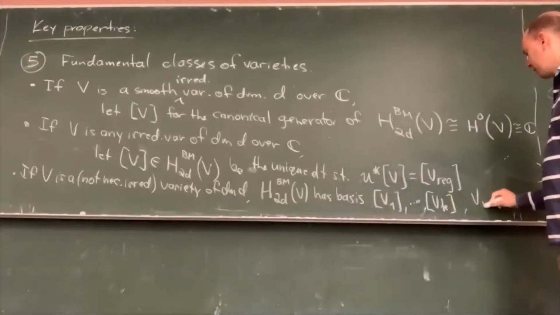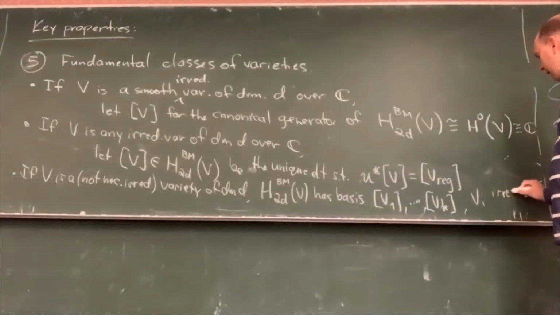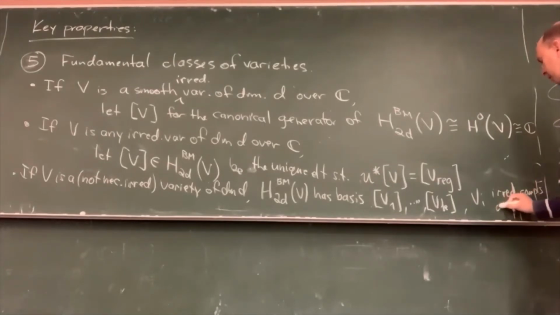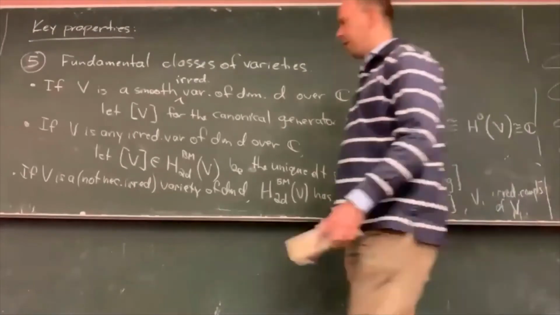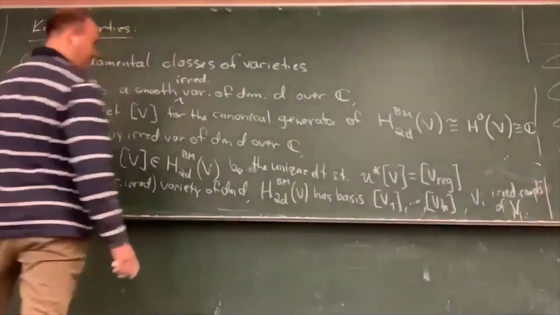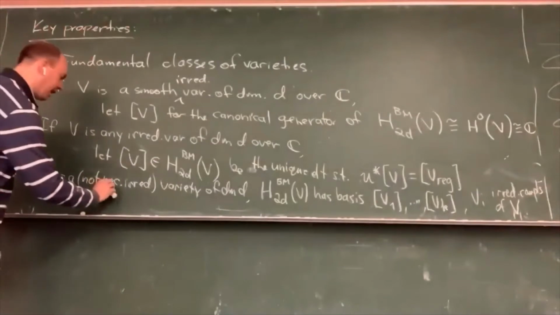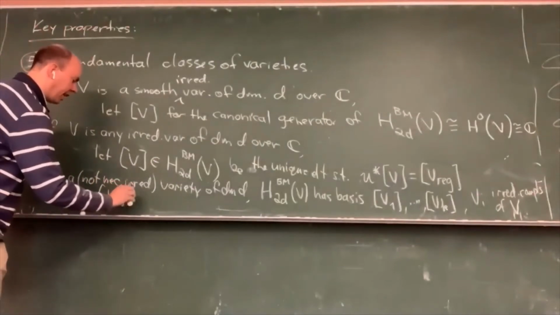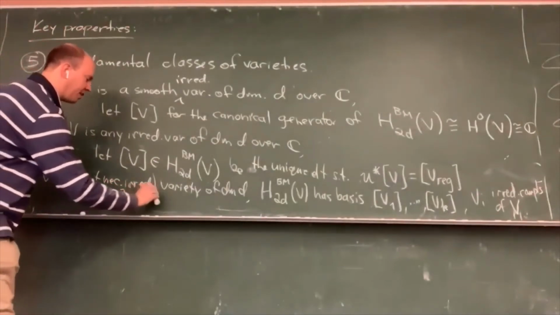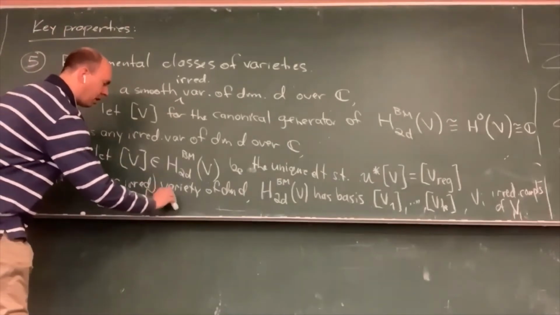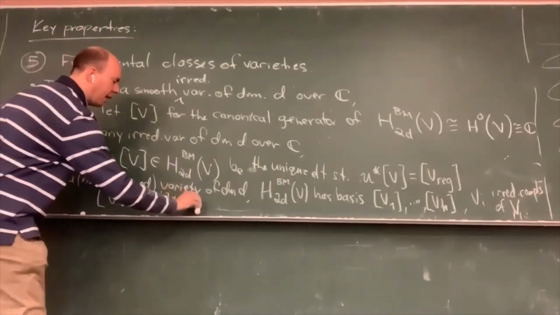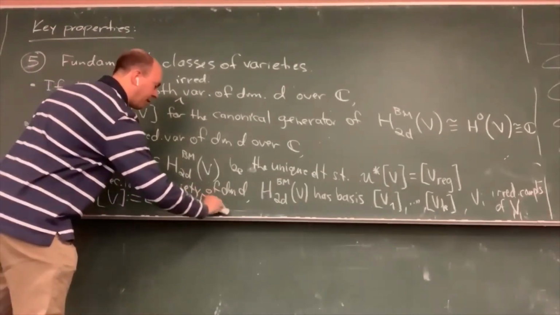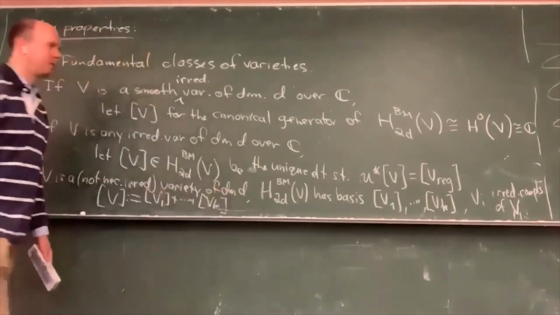So these V_i are the irreducible components of V. And in order to have this notion of fundamental class make sense always in this reducible setting, the fundamental class of V is just defined to be the sum of these fundamental classes of the irreducible components.